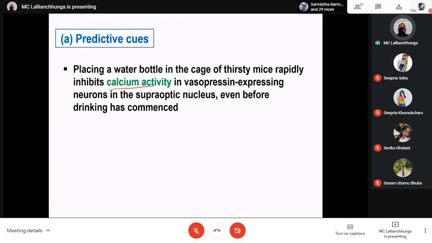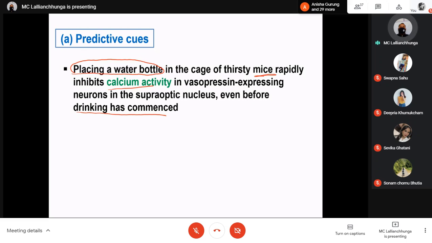Suppose you just place a water bottle in front of a cage having mice. After just seeing the water bottle, there will be inhibition of calcium activity in the supraoptic nucleus even before drinking has commenced.